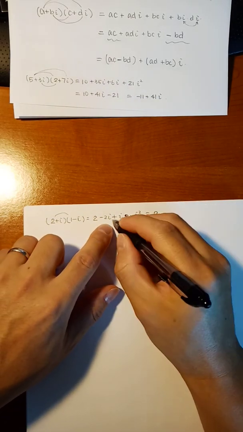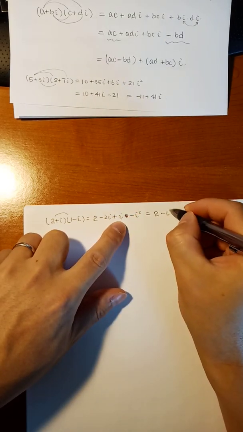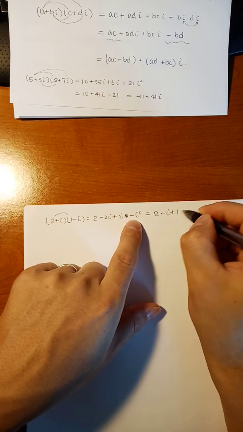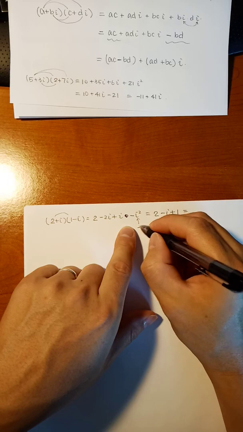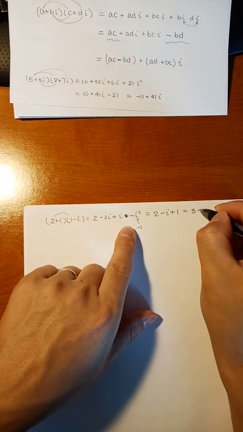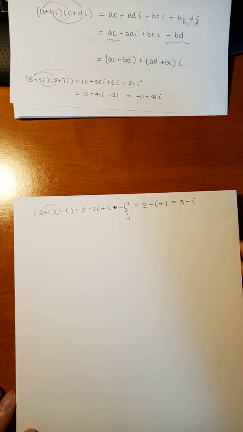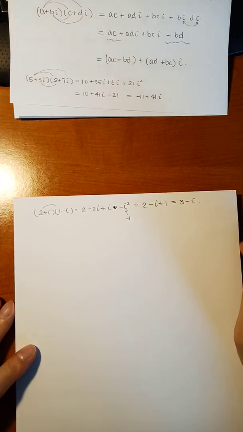So it's 2, negative 2i plus i is minus i. Minus i squared, i squared is negative 1, so minus i squared is plus 1. So 3 minus i, and that's it. 3 minus i. See it?